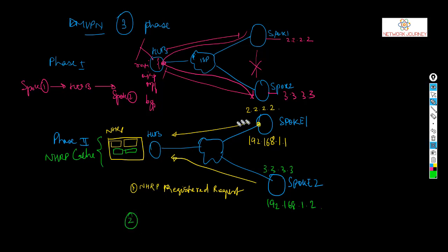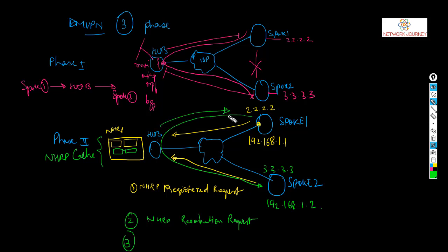The second step is when, let's say, spoke 1 wants to communicate to spoke 2, but spoke 1 doesn't know what the public IP of spoke 2 is. So basically spoke 1 is going to send something called an NHRP resolution request. Then the hub is going to reply back, which is called the NHRP resolution reply.